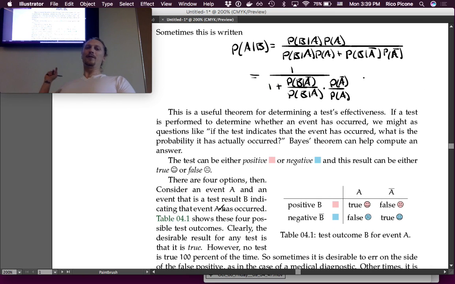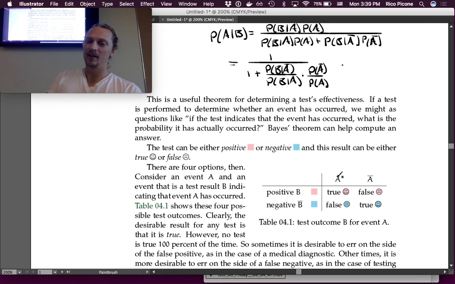So there are 4 options then. Consider an event A and a test result B indicating that event A has occurred. The 4 possibilities are shown in table 4.1. There are 2 possibilities in terms of the test.